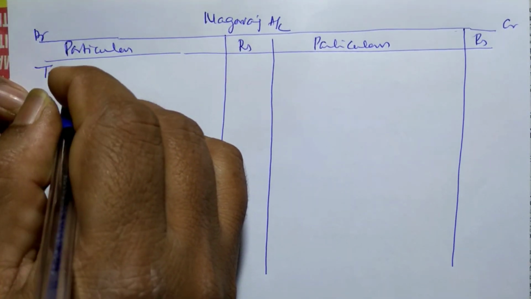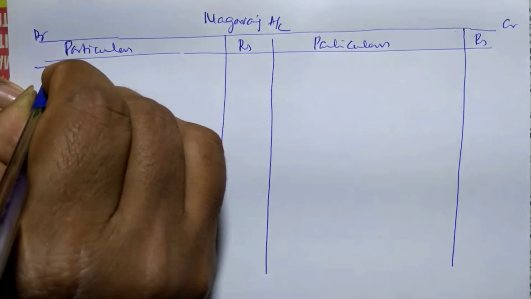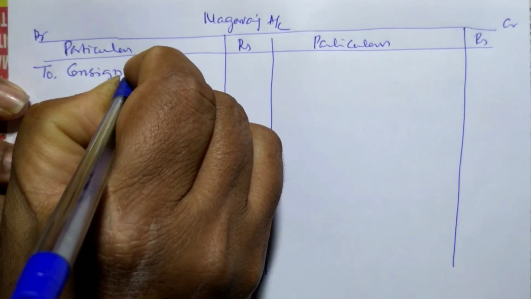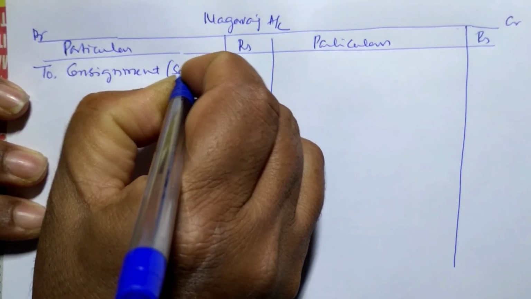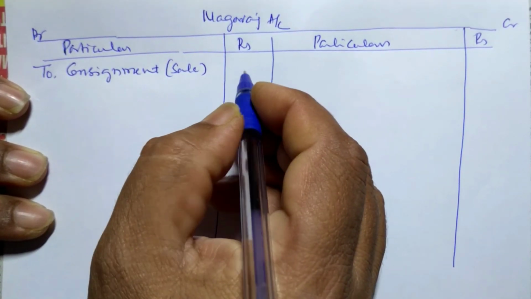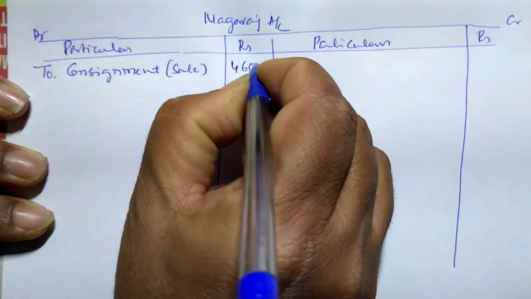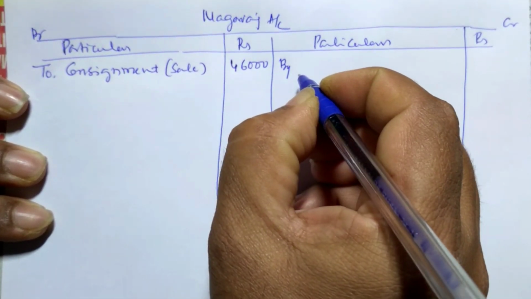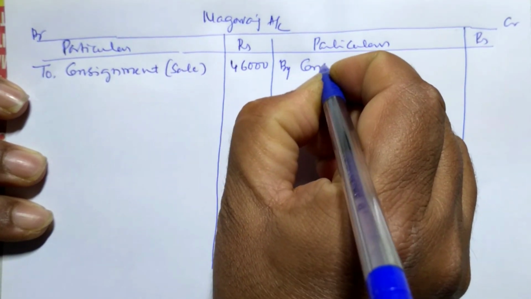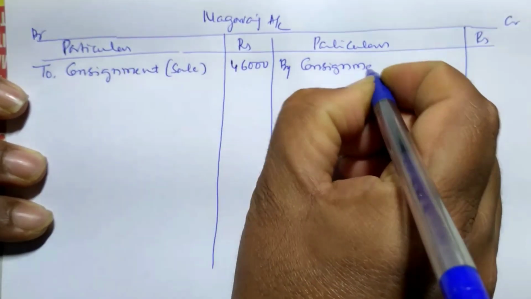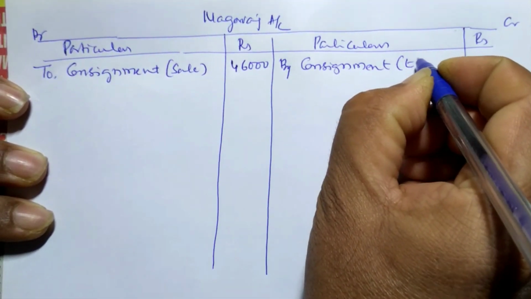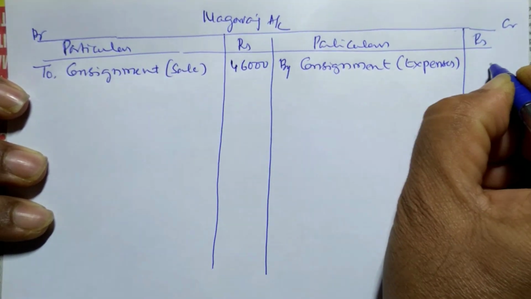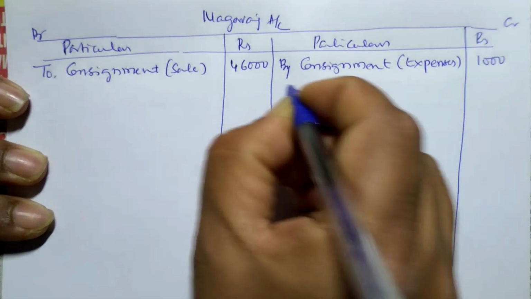In the consignment account, credit side, there is by Nagaraj. It means that in Nagaraj's account it is to consignment. It is sales. He has received rupees 46,000 on account of sales. Out of that, the consignor has to pay the expenses incurred by the consignee, rupees 1,000.